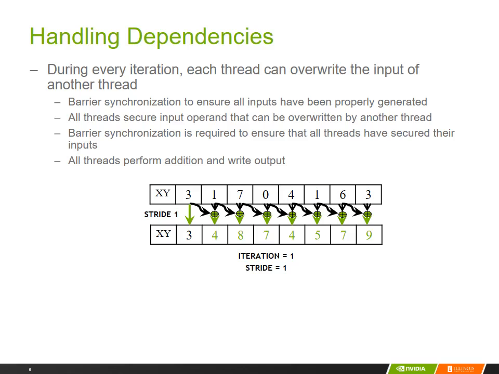So at every iteration, we will see the pattern where we have a barrier synchronization to ensure that all the inputs have been properly generated, and then all the threads will proceed to secure their input values, and then we do a barrier synchronization to make sure that everyone has done so. And then after the barrier synchronization, all the threads would proceed to perform addition and write output based on the input value they secured in the second step.